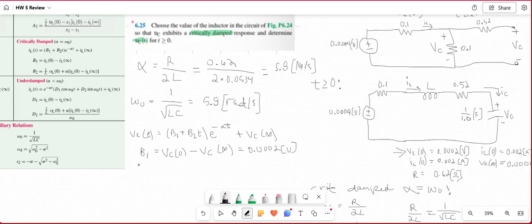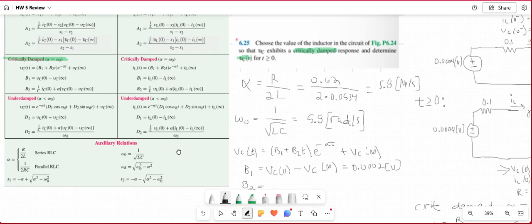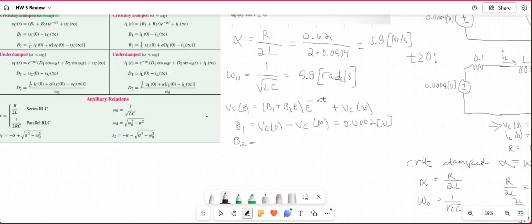Okay. B2 equals 1 over C times IC of 0 plus alpha times VC of 0 minus VC infinity.